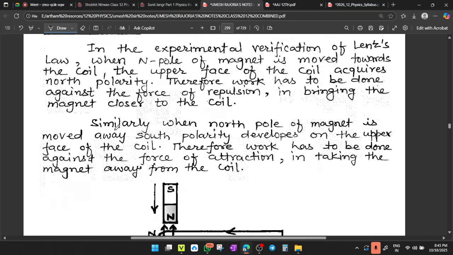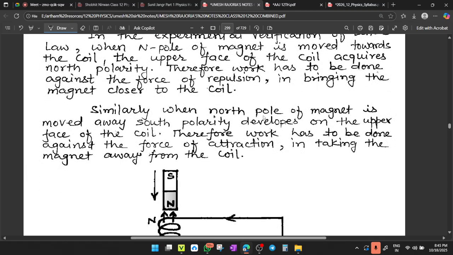Similarly, when the north pole of the magnet is moved away from the coil, like in the second experiment where we moved the north pole away from the coil, south polarity is developed on the upper face of the coil.